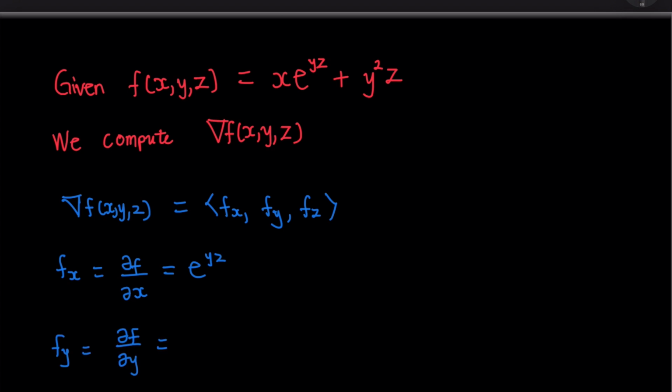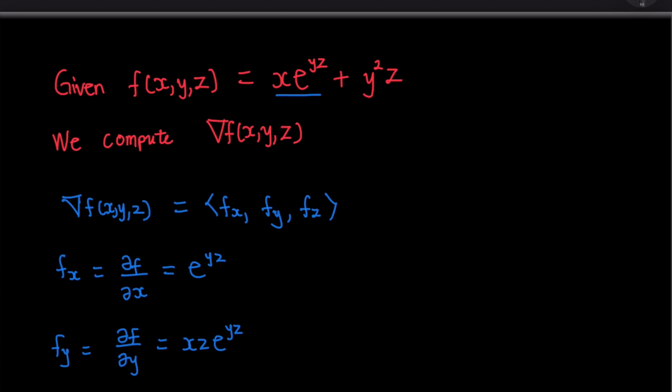Now let's compute the partial derivative of f with respect to y. So we hold all variables other than y as constants. We are going to have xz e^(yz), because this is an exponential function, right? So now we differentiate and multiply.